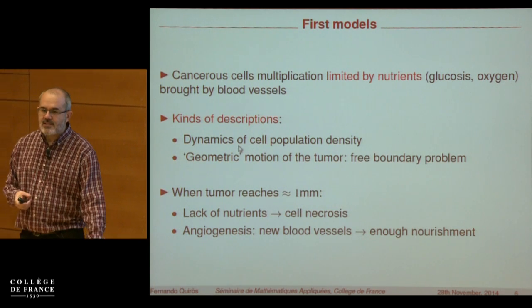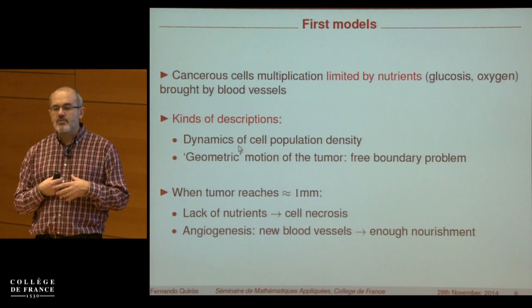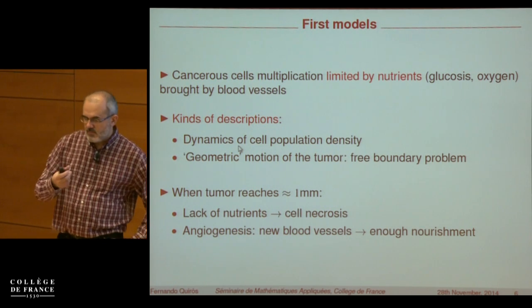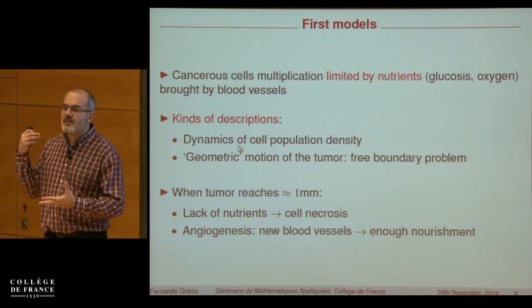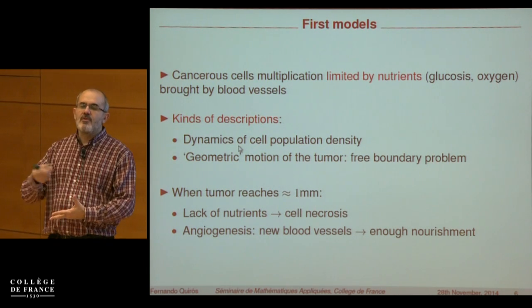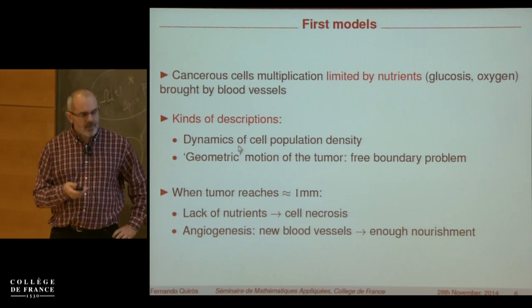This is called angiogenesis, and these new blood vessels give enough nourishment to the tumor again. The problem is that cancer cells may then go to other parts of the body through these blood vessels, and this is metastasis, and that's a big problem.